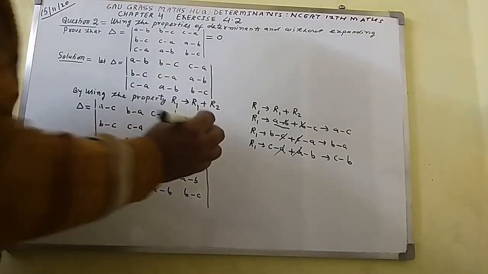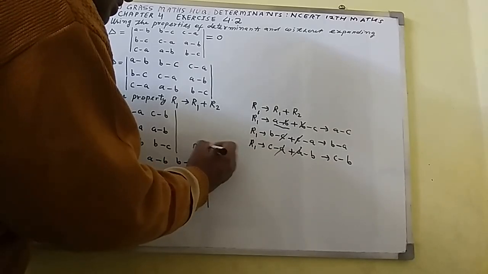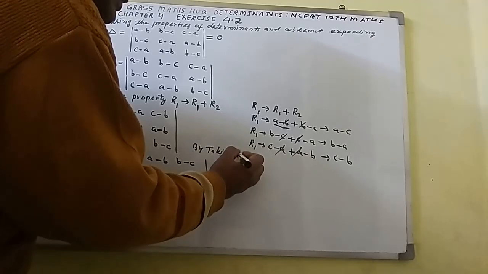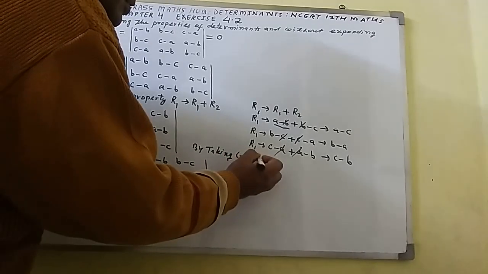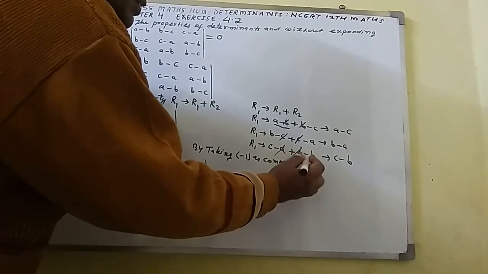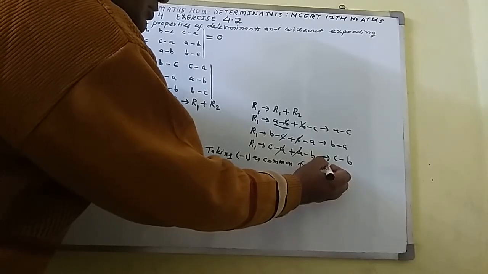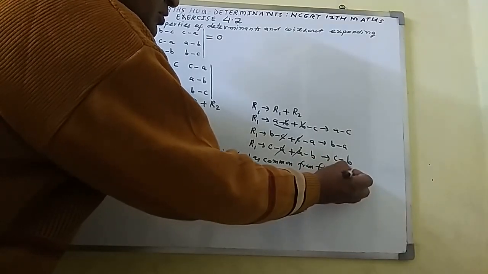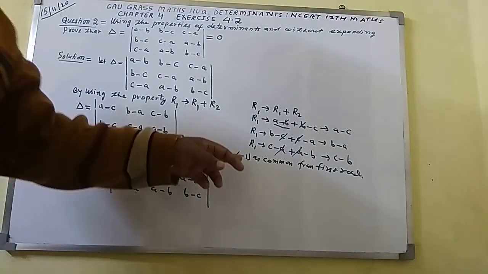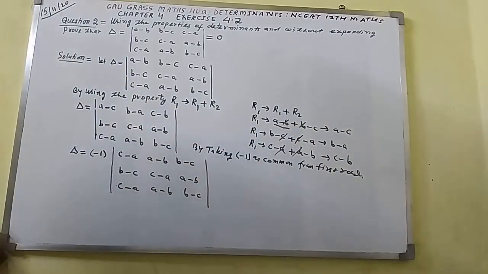So here I can write very well, by taking minus 1 as common from first row.